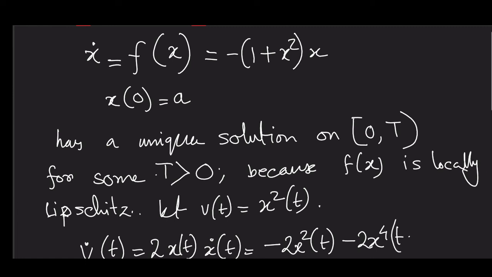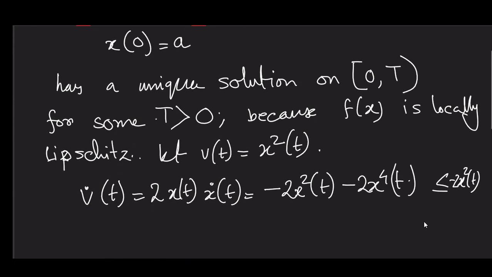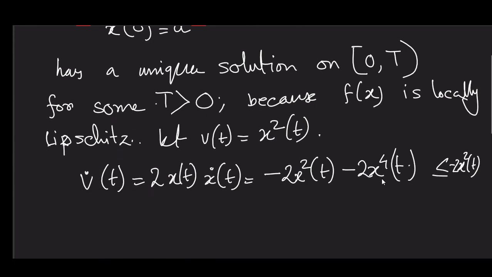Fine. So this is clearly less than minus 2 x square t. Now obviously we are considering positive time, and this is always true.